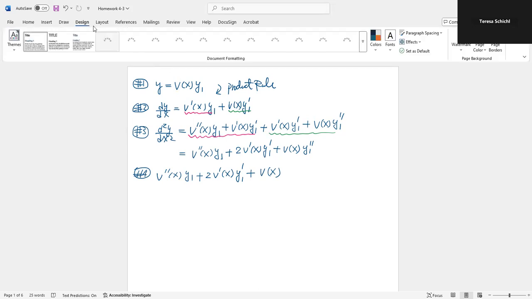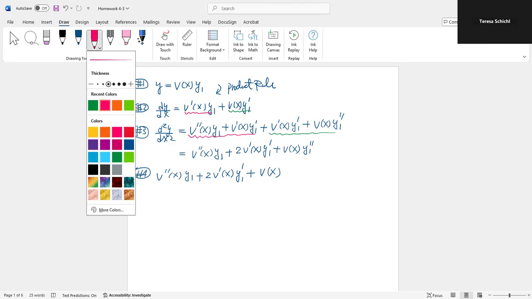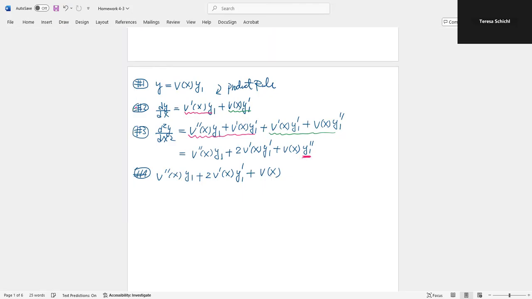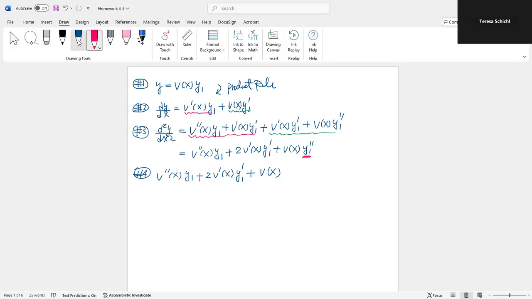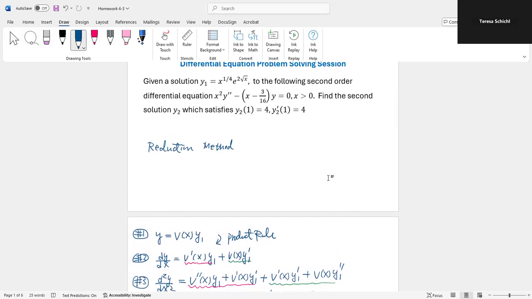What I plan to do is replace this y1 double prime using my differential equation. Take a look back here, this is my differential equation. Let me highlight this one.